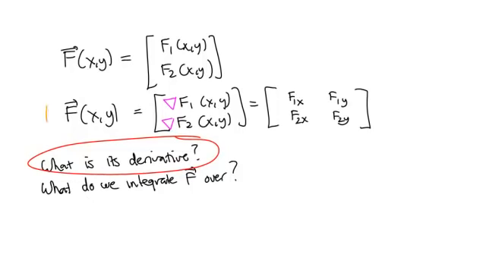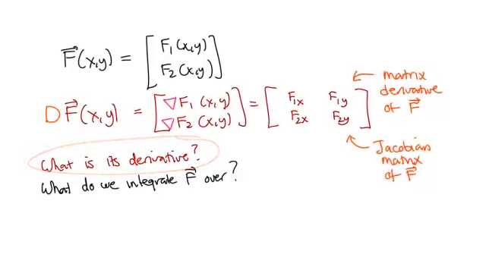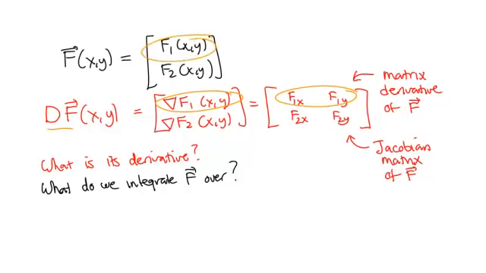Instead, it's traditional to use the letter capital D to denote the derivative of f, and this is sometimes called the matrix derivative of f, or the Jacobian matrix of f. And so now we have an answer to our third question. What is the derivative of a vector field? Well, the derivative is called the derivative matrix, and it's a 2x2 or 3x3, or in general n×n matrix of partial derivatives, where each row is the corresponding gradient of that component function.